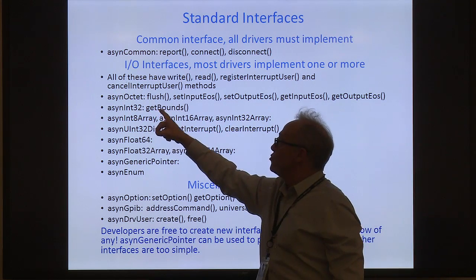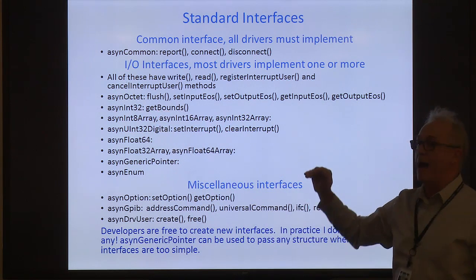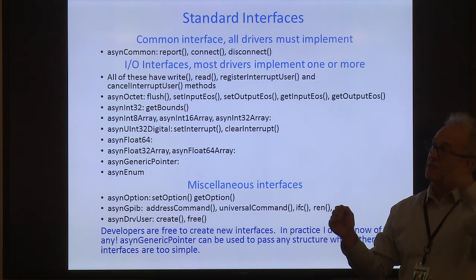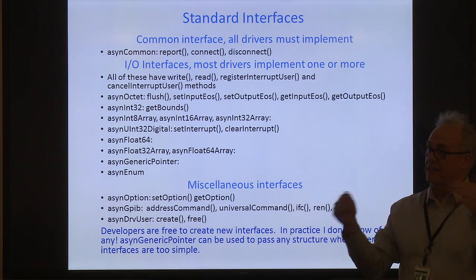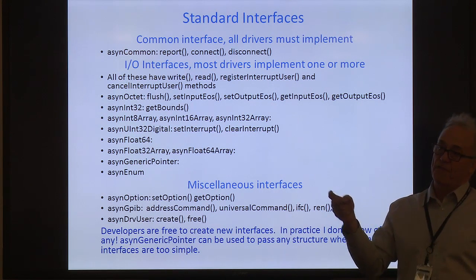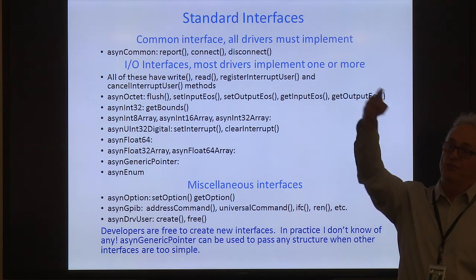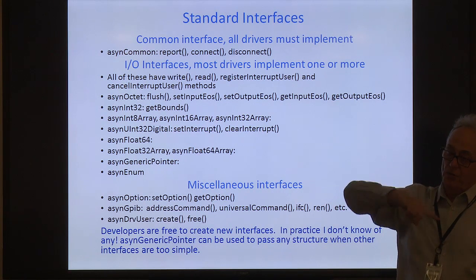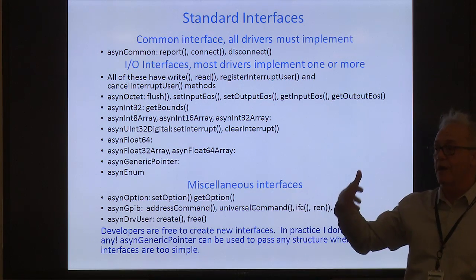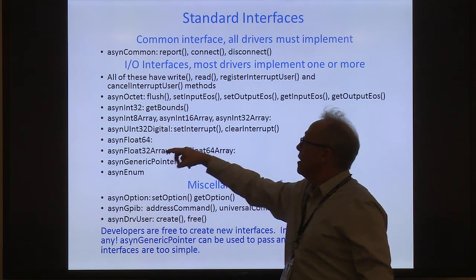Asyn int32 has one additional method, get bounds. This is a way for device support to say, is this a 12-bit device? Is this a 16-bit device? For converting from integer units to floating point units in an analog input record, it needs to know that.